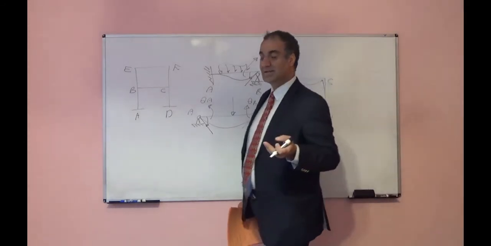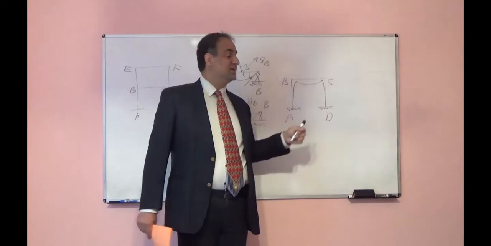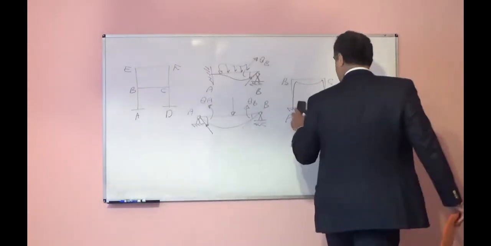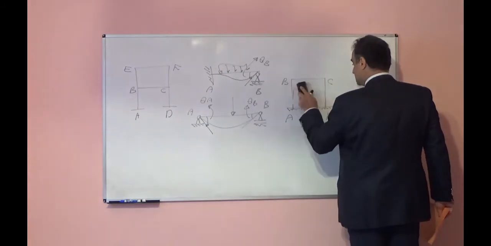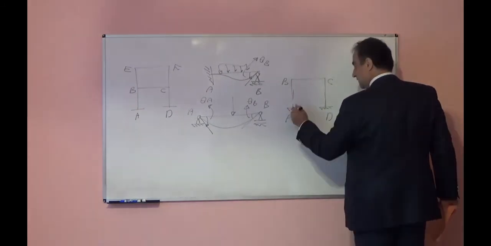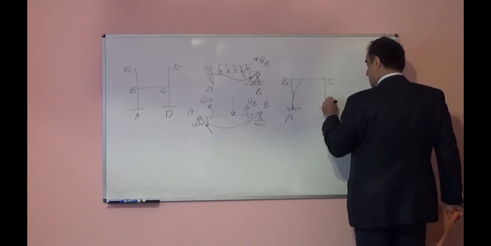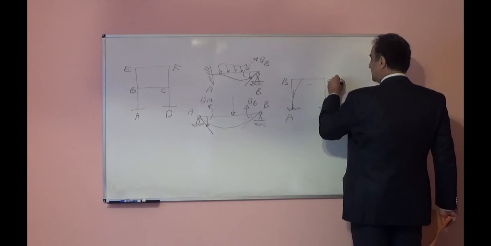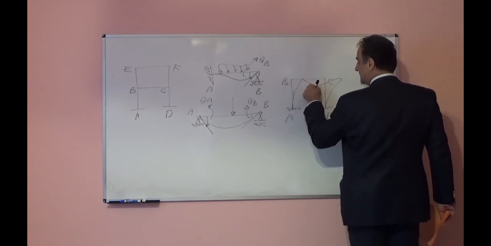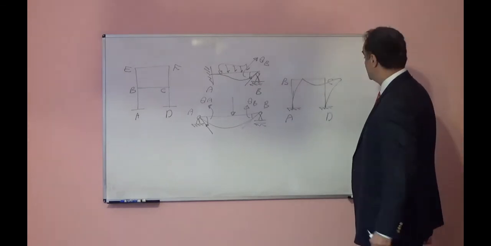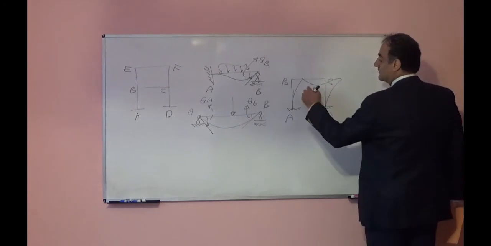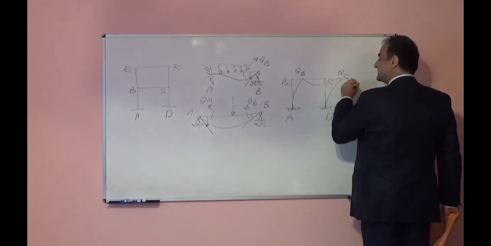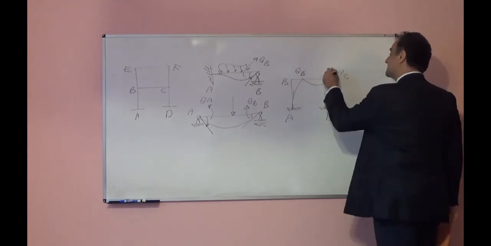So we can have rotation at joint B, rotation at joint C, or if we have lateral load, or even unsymmetrical load, we can have lateral deformation.